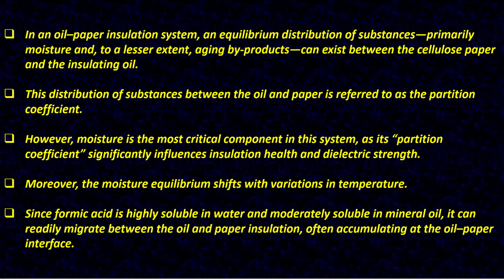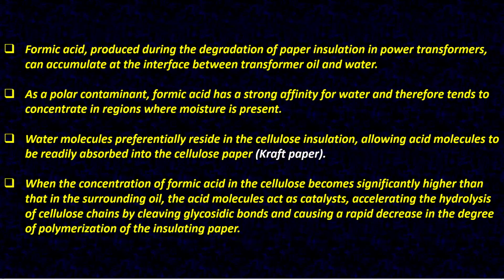Since formic acid is highly soluble in water and moderately soluble in mineral oil, it can readily migrate between the oil and paper insulation, often accumulating at the oil paper interface. Formic acid produced during the degradation of paper insulation in power transformers can accumulate at the interface between transformer oil and water.